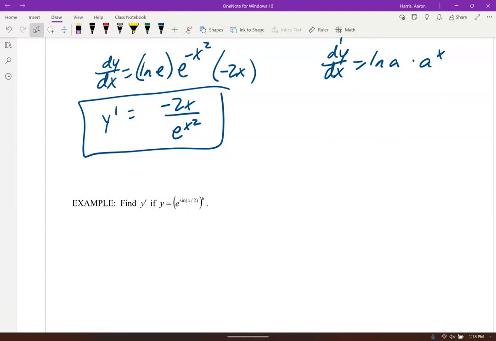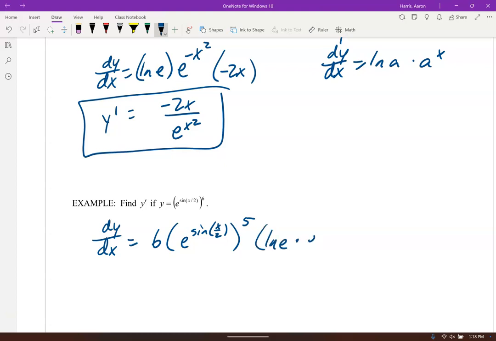Let's do another one, a little bit different on this one. You've got the power rule first. So 6, that stuff now to the 5th. Now we're taking the derivative of e to the sine of x over 2. So we've got ln of e to the sine x over 2.